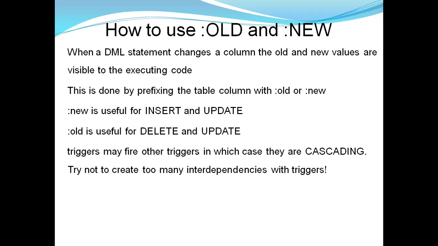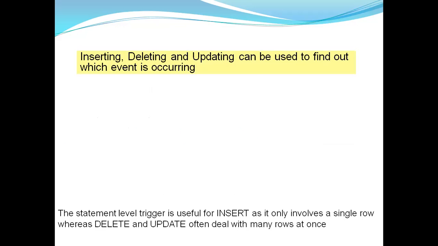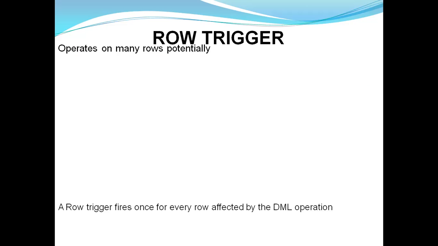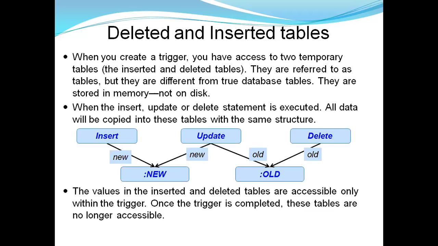So simply now you understood that there are 4 types of triggers: before statement, before row, after statement, and after row. It's clear to everyone? Now, what is the use of colon old and colon new? Before the data goes into the actual table, you have access to manipulate.